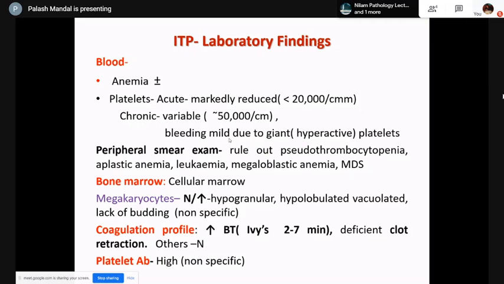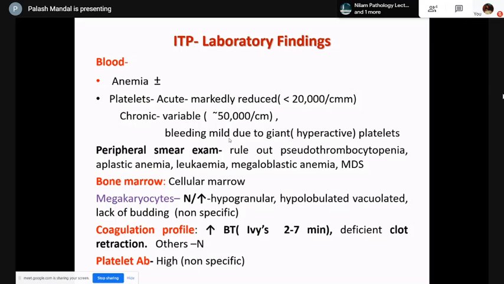So what do we see here? We see the megakaryocytes are increased or normal in number. Though the total platelets in the peripheral blood are reduced, the megakaryocytes appear almost normal or maybe even increased. So that is an indication that there is some destruction of the platelets.